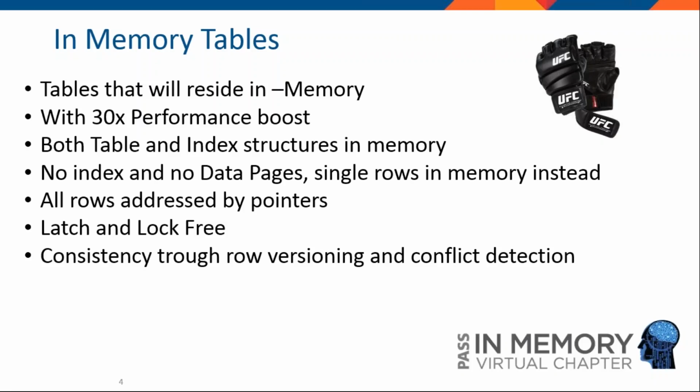So for in-memory tables, the consistency is going to be accomplished through row versioning and conflict detection. What this means is that every time you insert, delete, or update information, let's say you are updating just one column, instead of just updating that single column, it is going to make a duplicate of that row in memory. So you are going to end up with duplicate information.